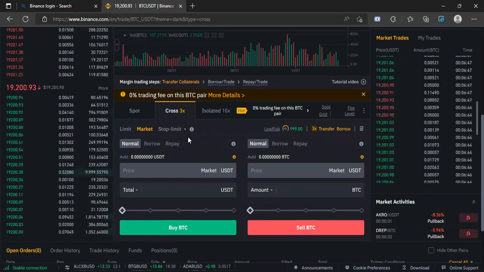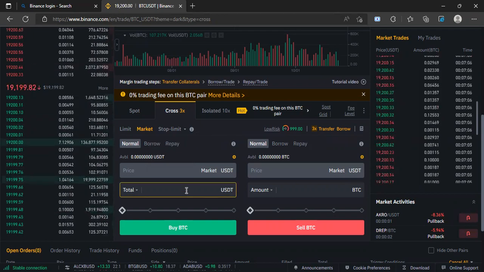Say, for example, you buy Bitcoin using 50x leverage cross. This is cross, right?